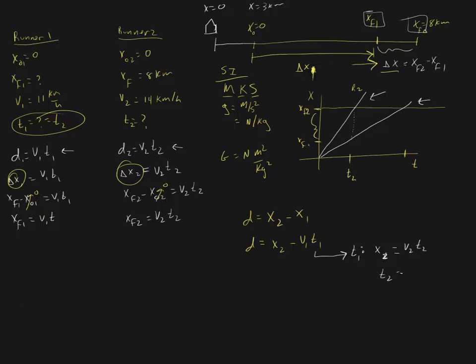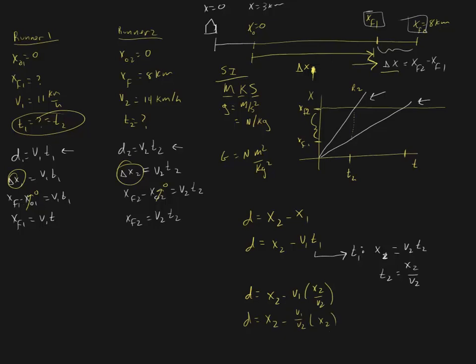So t2 is just x2 over v2. So we write d is equal to x2 minus v1 times x2 over v2, or d is equal to x2 minus v1 over v2 times x2.